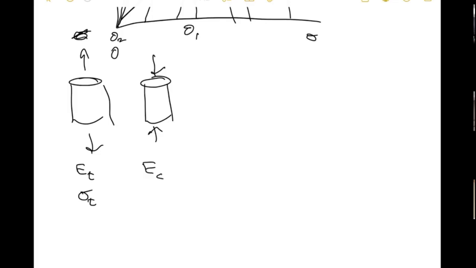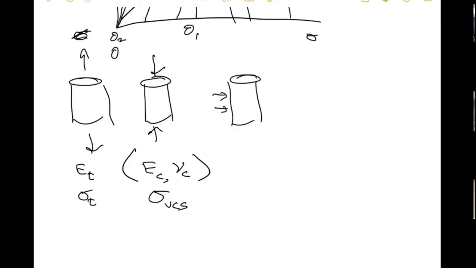So then you measure EC and nu C, and you measure sigma UCS, right? And then you do some confined tests in the triaxial cell. You apply a sigma confining value.